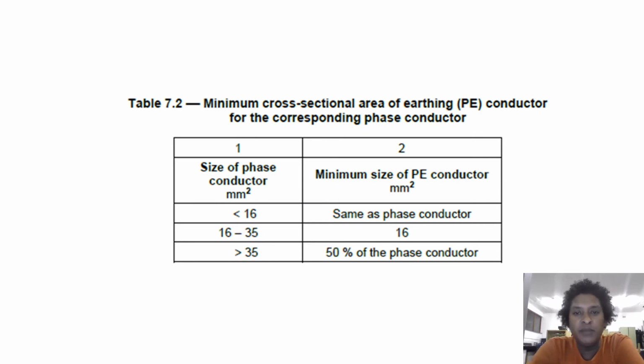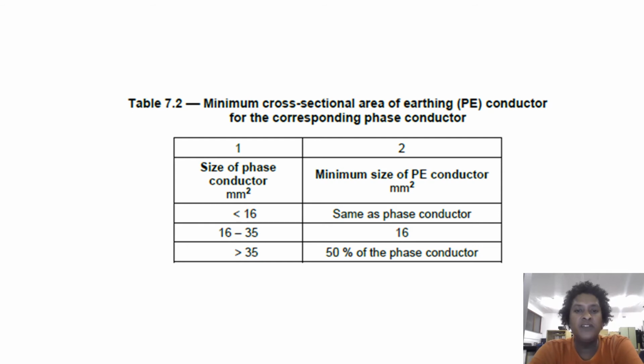So here we've got the minimum cross-sectional area of the earthing conductor for the corresponding phase conductor. So there we've got the size of the phase conductor. If the phase conductor is up to 16 square millimeters, the minimum size of the earth conductor shall be the same as the phase conductor.